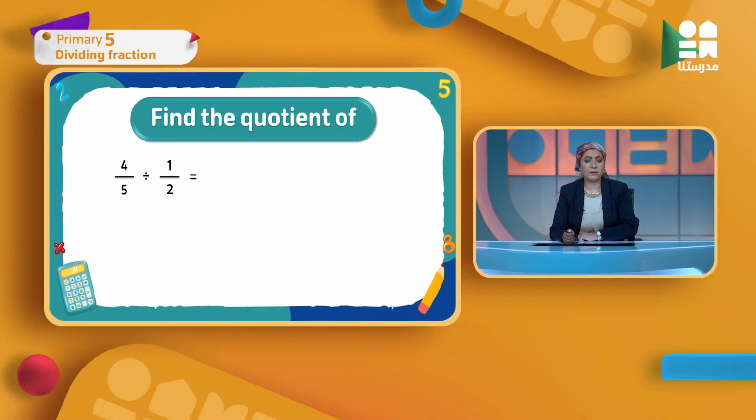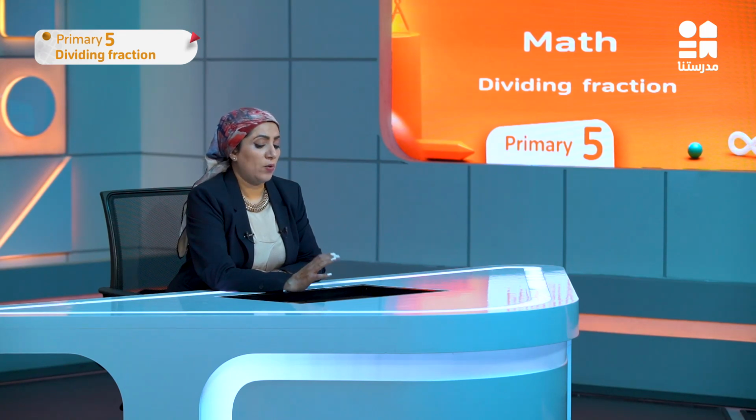Let's move to another example. 4 over 5 divided by 1 over 2. Here again, will the 4 over 5 change? Of course not. It will stay as it is, and the divide sign becomes times. And 1 over 2, will it stay as it is? No. Then I flip it and make it upside down.